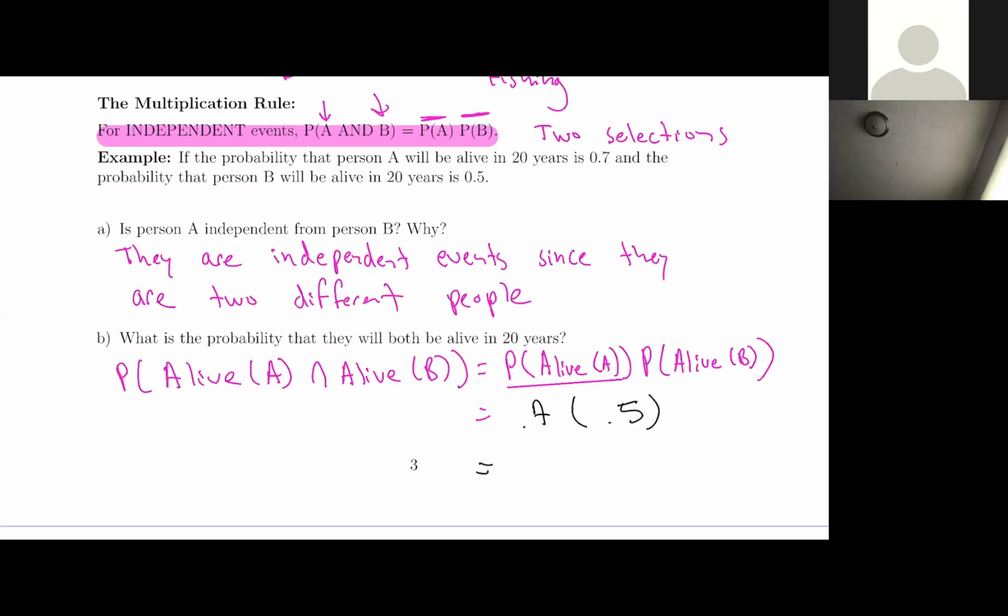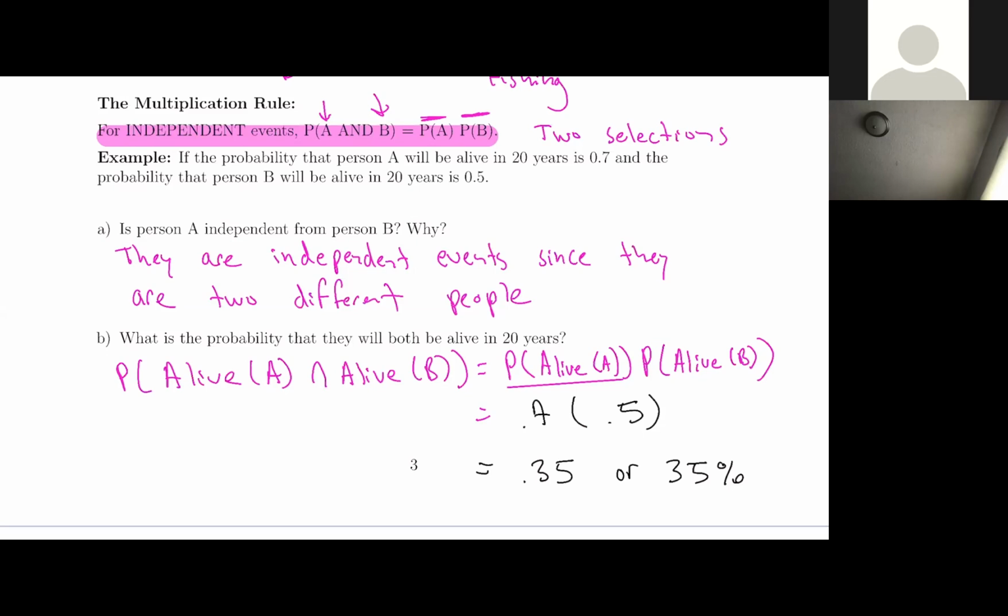So if we multiply this out, we get 0.35, or you could say 35%. And that's it for part B. So that's how the multiplication rule works. You just multiply those two independent probabilities, and whatever you get is the probability that those two events will happen at the same time.